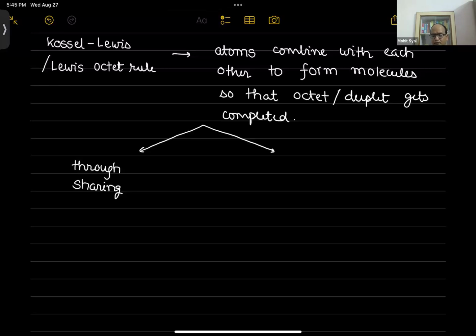Another is by complete transference of electrons. Through sharing, it is going to form a covalent bond.